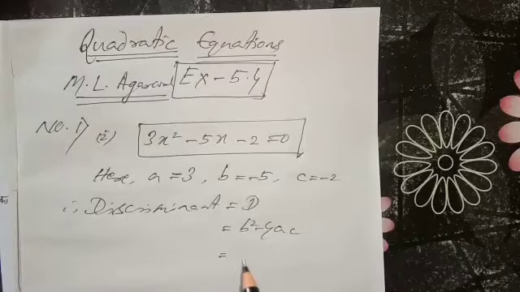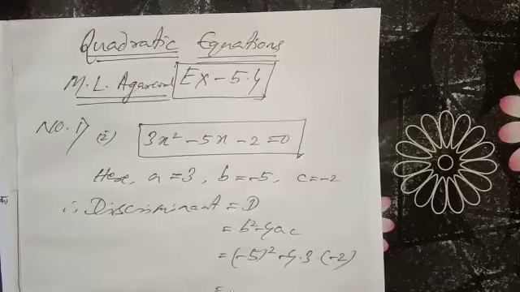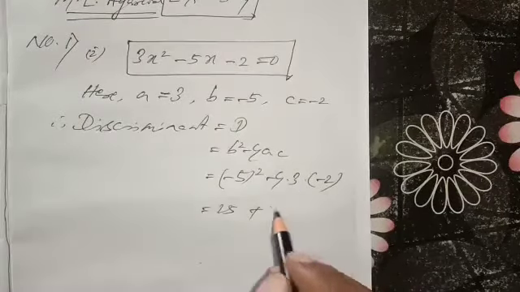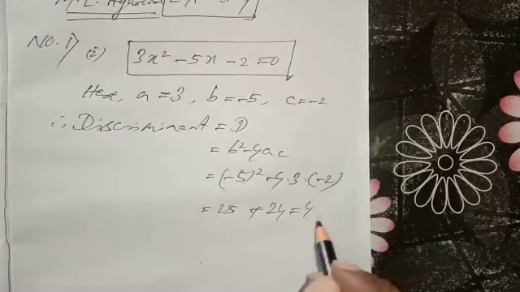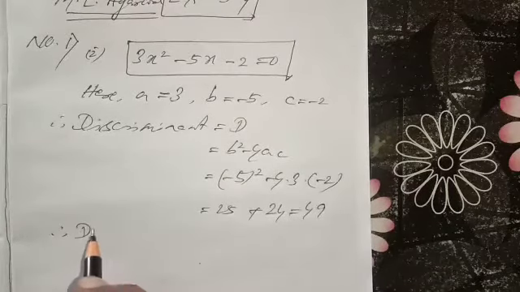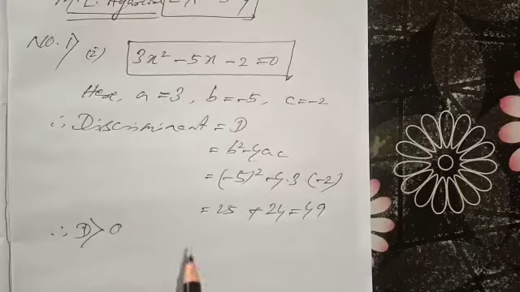B means minus 5 whole square minus 4A, C means here minus 2. Coming 25 plus, because minus given here, how much coming here? 4 3 12, 12 2 24. It is coming 49. It is a positive number or not? Therefore D coming 49. D greater than 0.